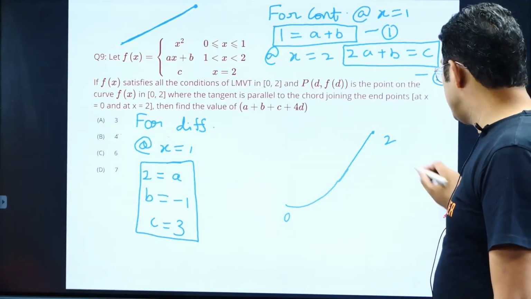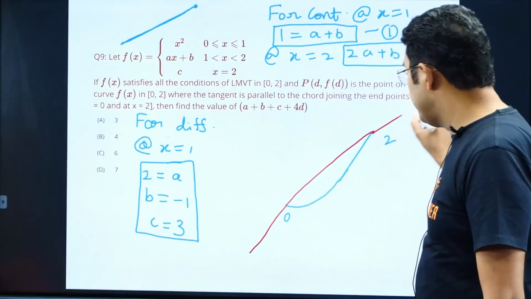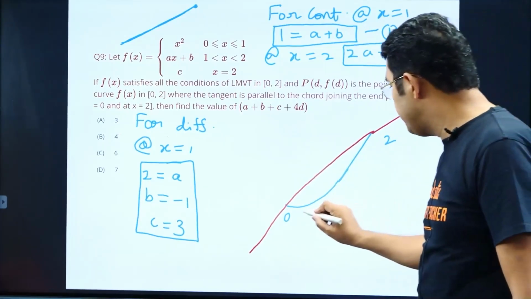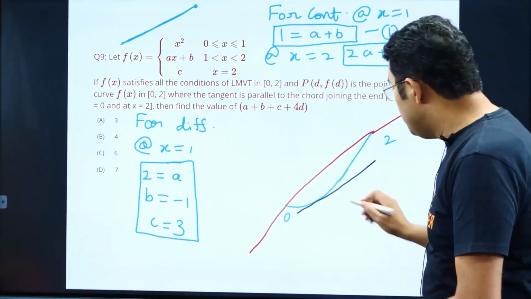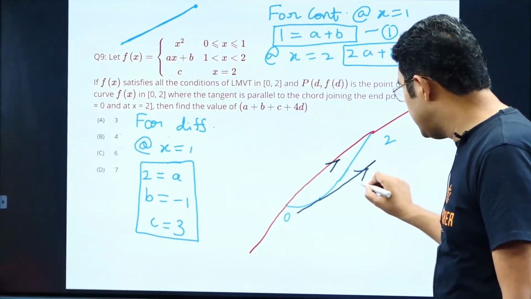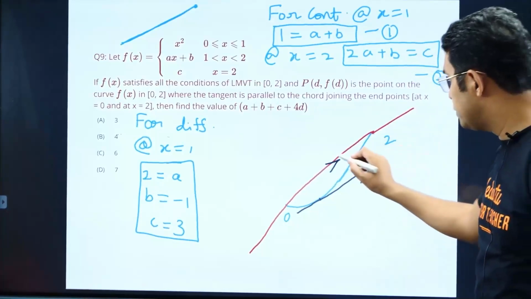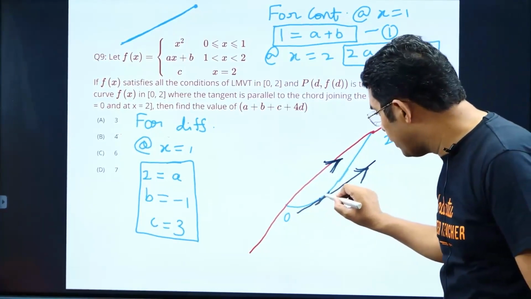So if I join this 2 with this 0, that's a chord, and there will be a point somewhere here which has a tangent parallel to this. In my diagram it is not seen clearly, but these two are actually parallel, this chord or secant, and the tangent at this point.